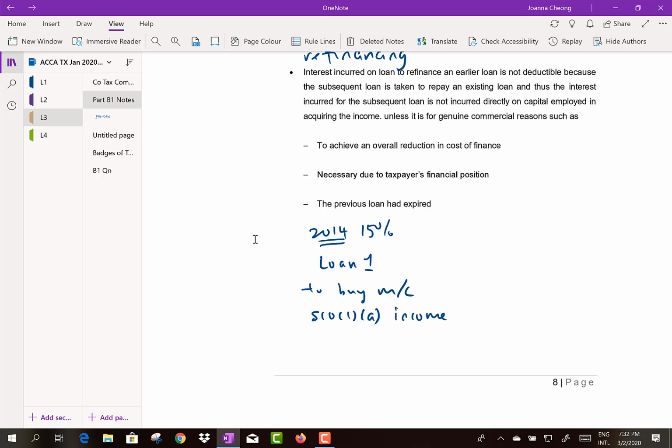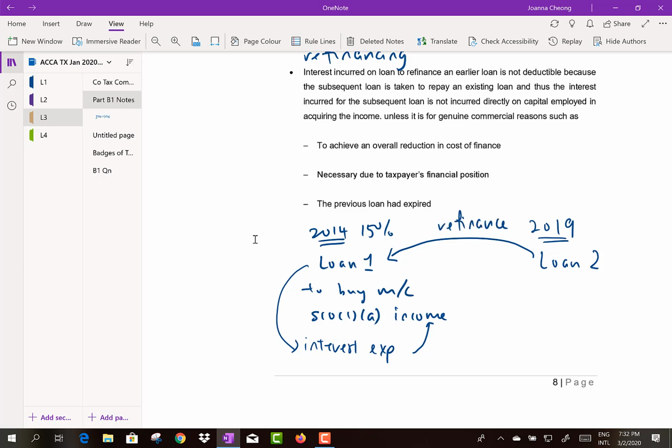So therefore, the interest expense on this loan obviously will be deductible against your 10(1) income, right? And then for some reason in 2019, you actually took up loan number 2 to pay off loan number 1. We call it refinance.